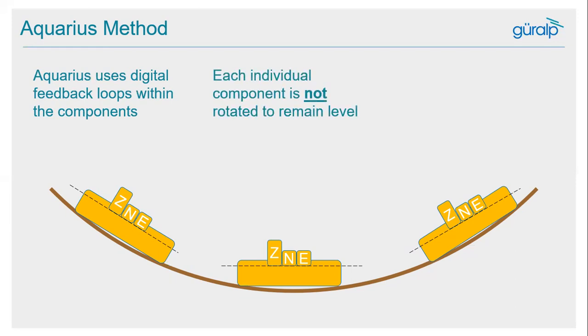Each individual component is not rotated to remain level, so we stay fixed with respect to the frame of the Aquarius itself. This allows for a high flexibility on unknown seafloor terrain because we can adjust this angle up to 90 degrees and we will still be able to function properly.